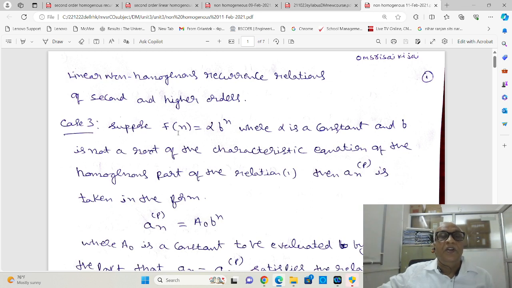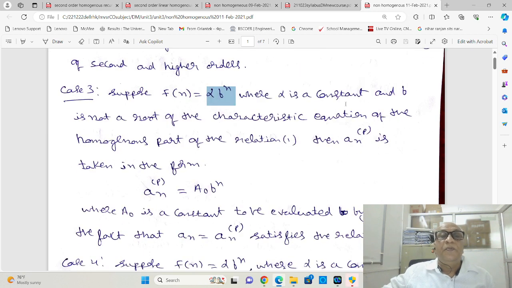Case 3: the function Fn is of the form alpha b to the power of n. Here b is not a root of the characteristic equation. Then the particular solution will be of the form a0 b to the power of n.